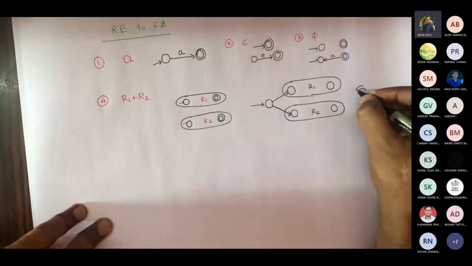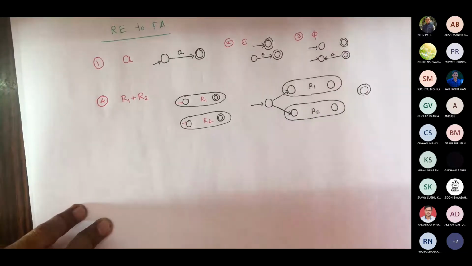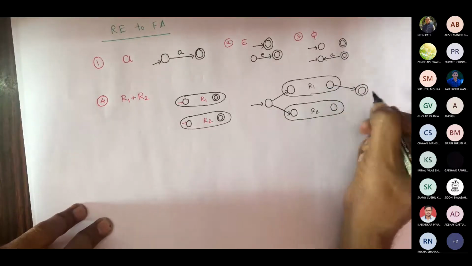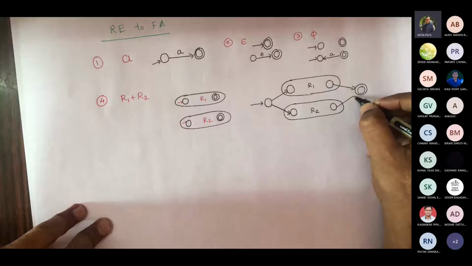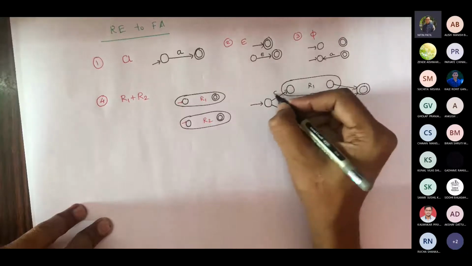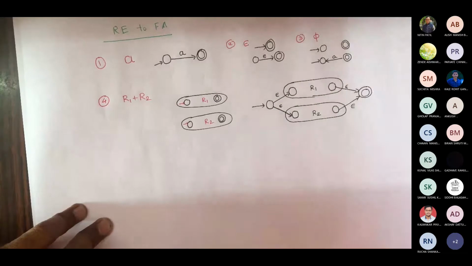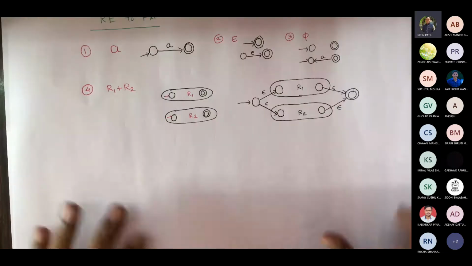This would be my final. From final of R1 to new final, from final of R2 to new final. Now each one would be added with the weight epsilon. Fine.